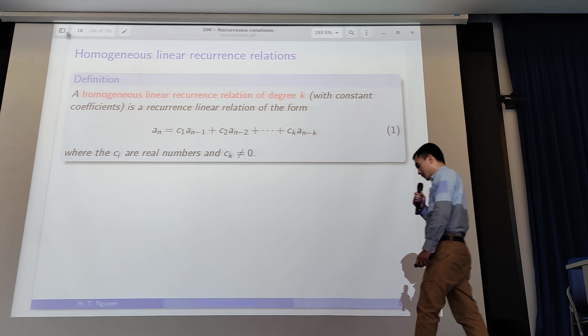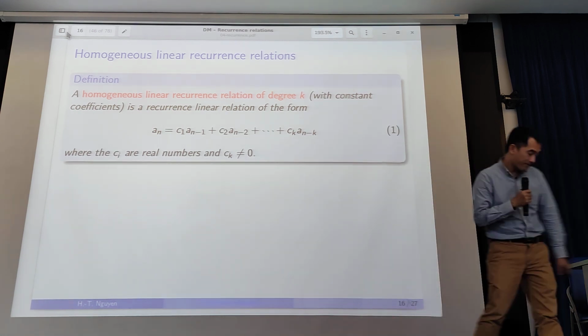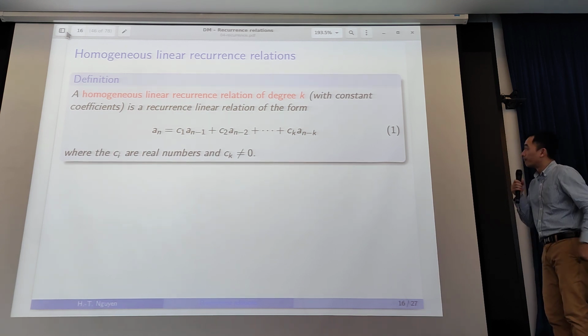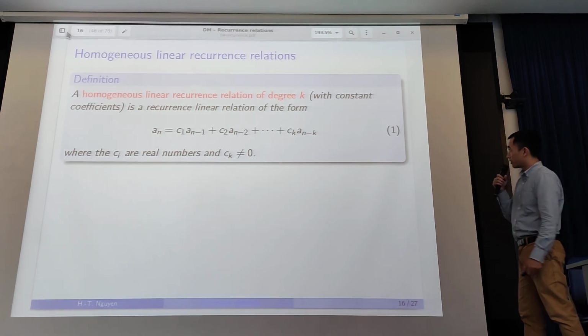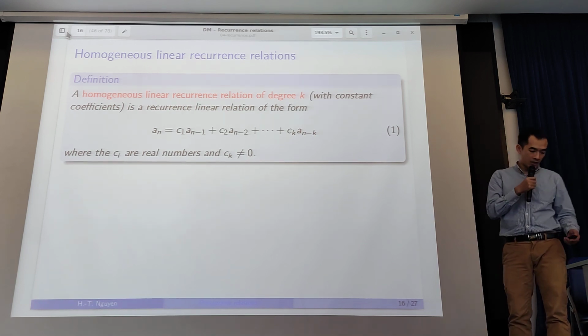Okay, so now to the more technical steps. We have seen the examples, and now we give a formal, more abstract, general definition of a homogeneous linear recurrence relation. Okay?